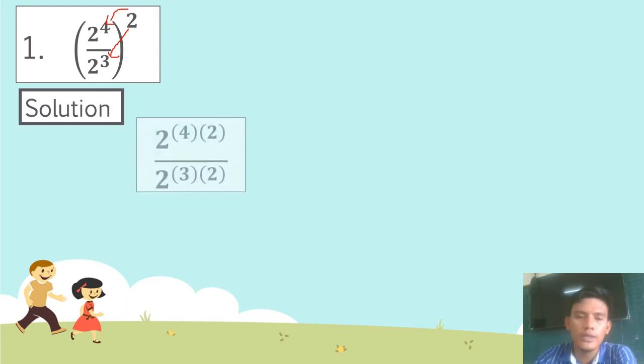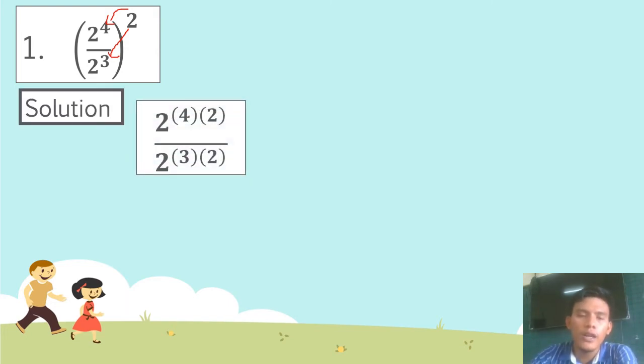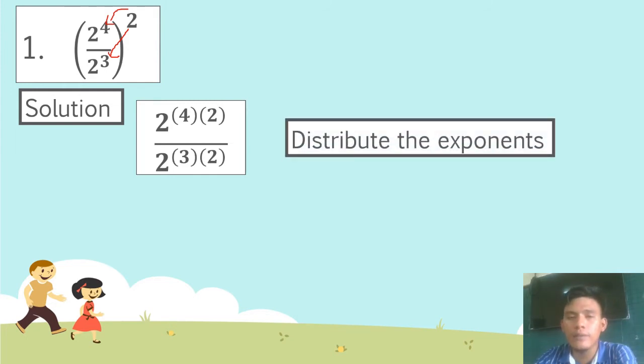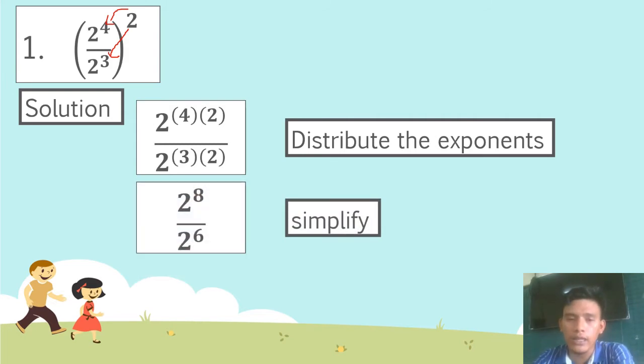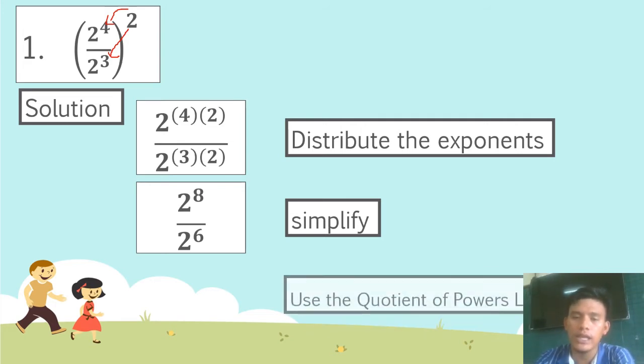Solution, 2 raised to the 4 times 2, and also on our denominator, 3 times 2. The exponents are multiplied. Then simplify. 4 times 2, that is 8. 3 times 2, and that is 6. So the expression is 2 raised to 8 over 2 raised to 6.